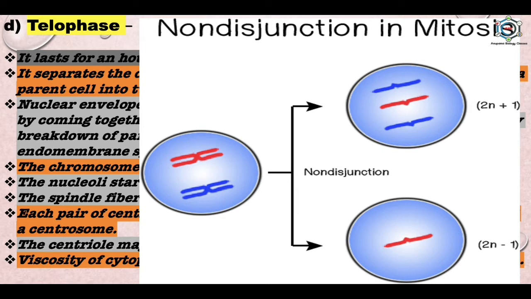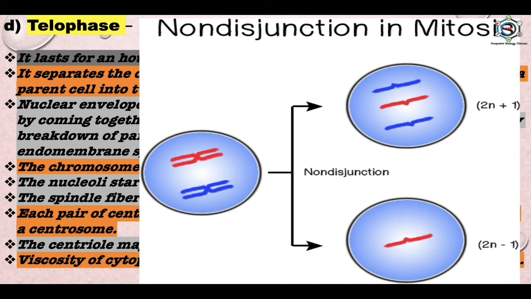Now in the picture you can see the non-disjunction in mitosis, which means the failure of homologous chromosomes or sister chromatids to separate properly during cell division. So this non-disjunction results in daughter cells with abnormal chromosome numbers.